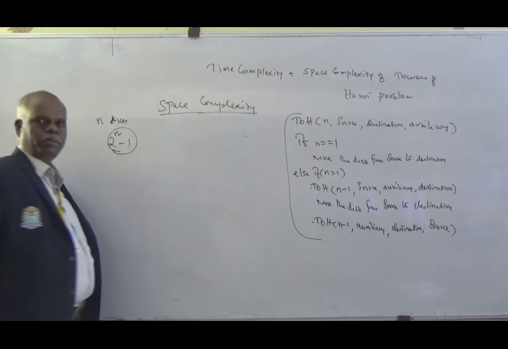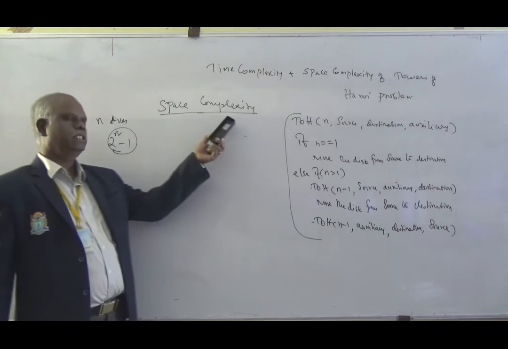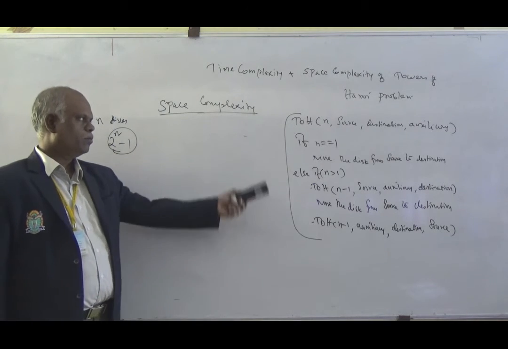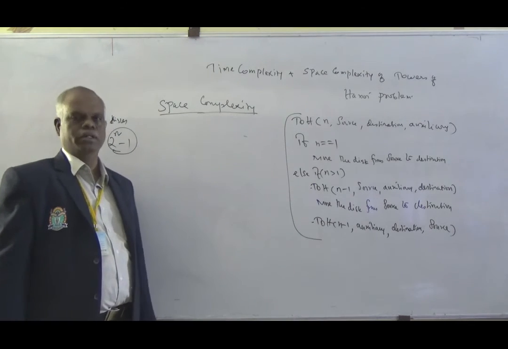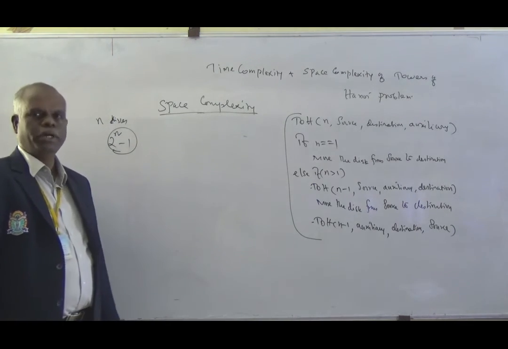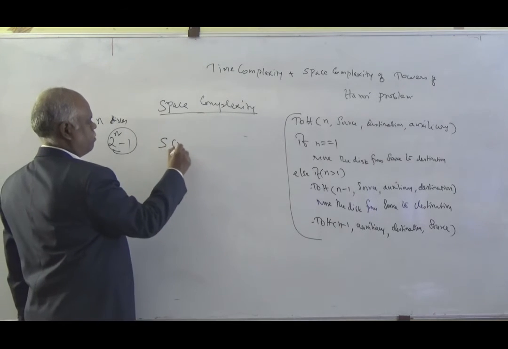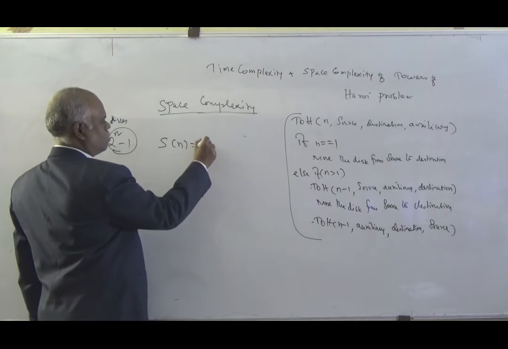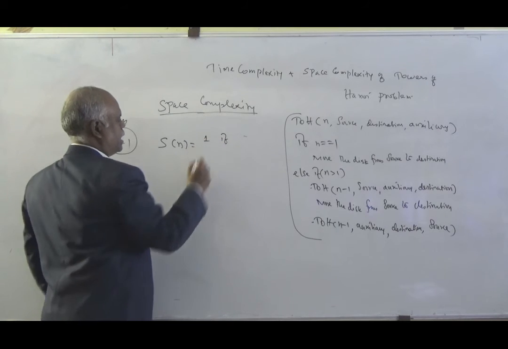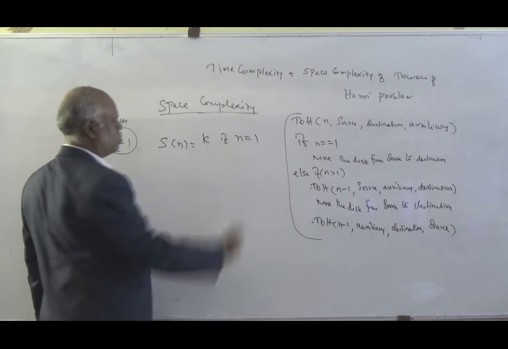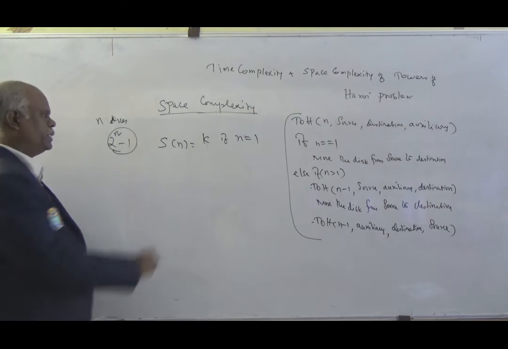What is space complexity actually? Space complexity is nothing but the amount of memory required for execution of this algorithm. So S of 1 is equal to some constant value k if n is equal to 1, to store the parameters.